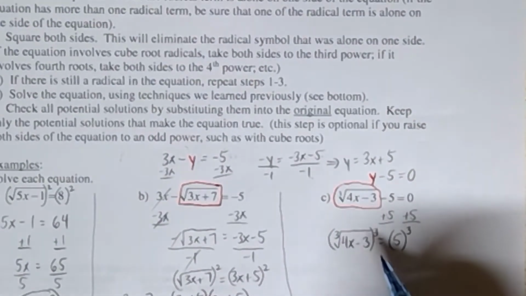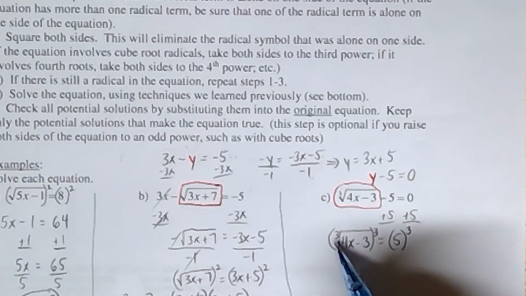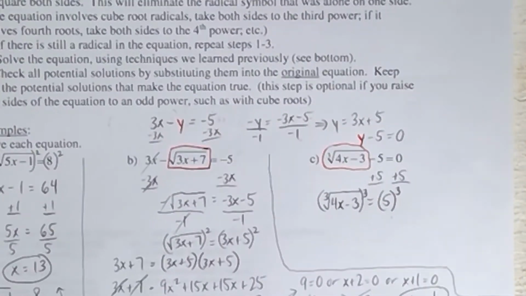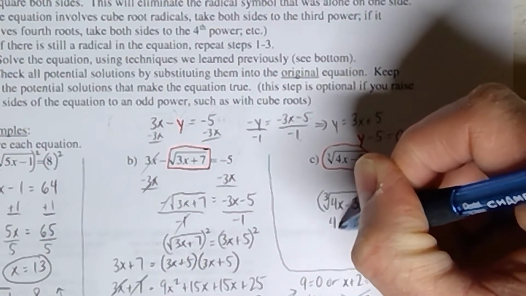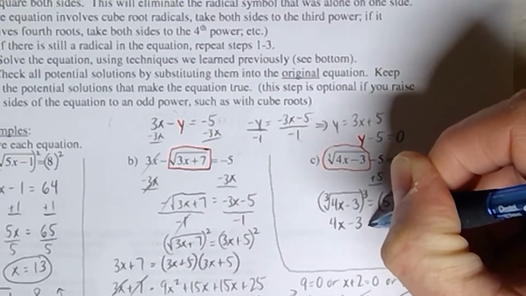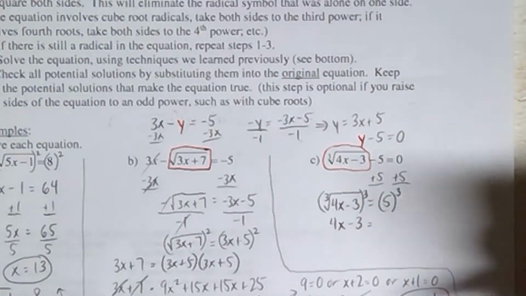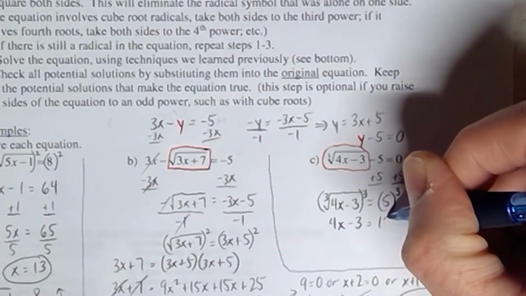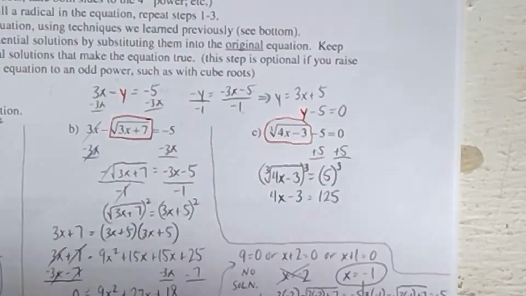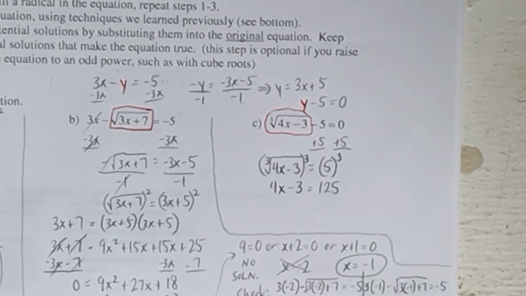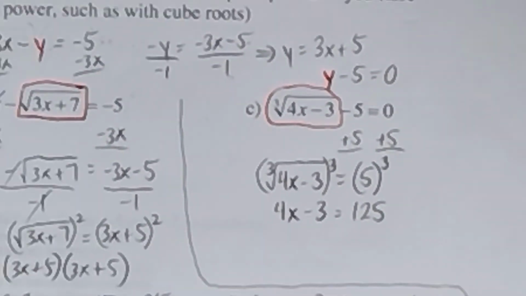And the thing is that when you cube a cube root, just like when you square a square root, the radical and the exponent cancel each other out, and you just get 4x minus 3 left over right there. On the other side, 5 to the third power is 125, and that results in just a normal linear equation that we've seen so many times.